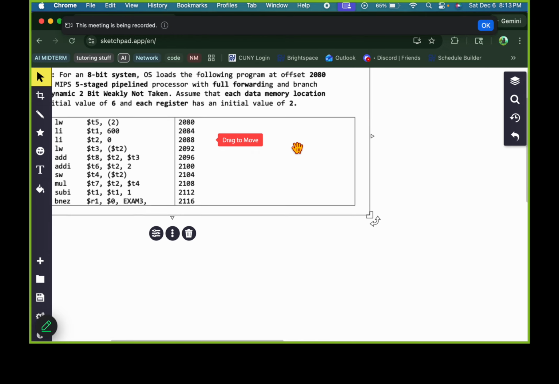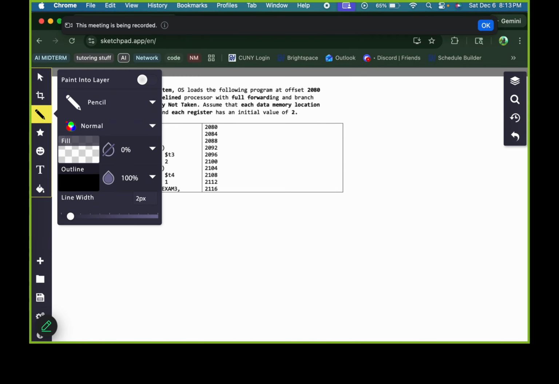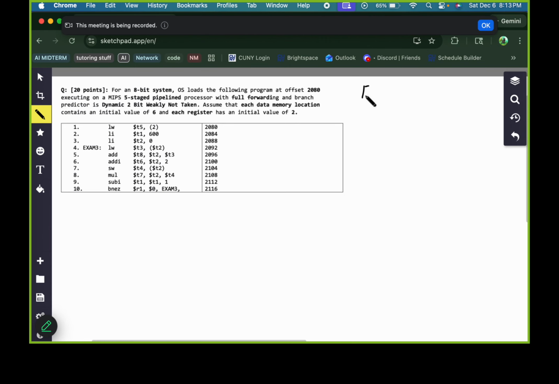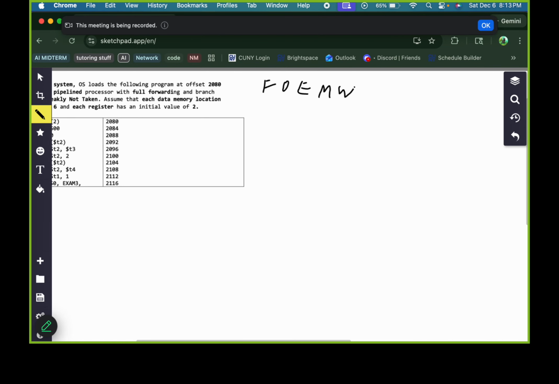Okay, so a couple of different things first, before we go any further, right? We're familiar with the single cycle processor in the sense that we know that if we were to have several instructions, we would have a fetch, decode, exec, mem, write back, and then the next instruction wouldn't start until here, right?